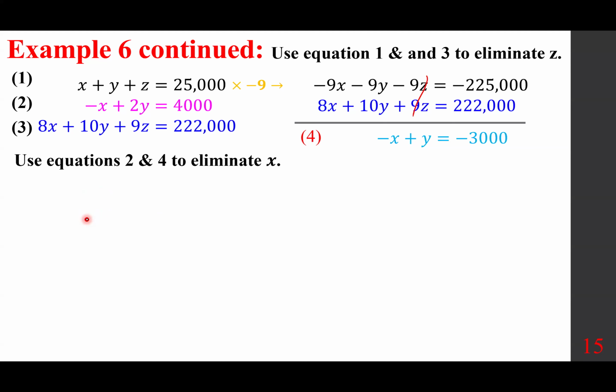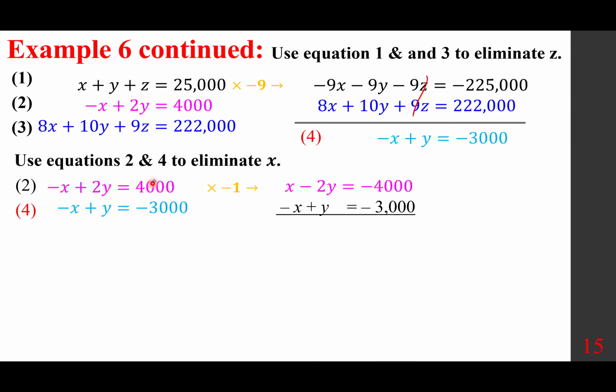So we're going to write this, and we're going to multiply this by negative 1. And this becomes x minus 2y minus 4,000. So these two cancel each other. These two become negative y. They add up to negative 7,000, which results in y being 7,000.